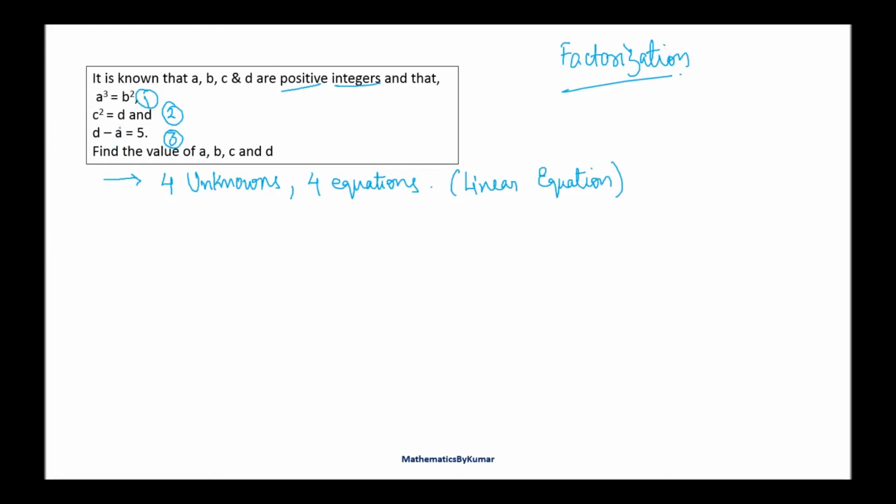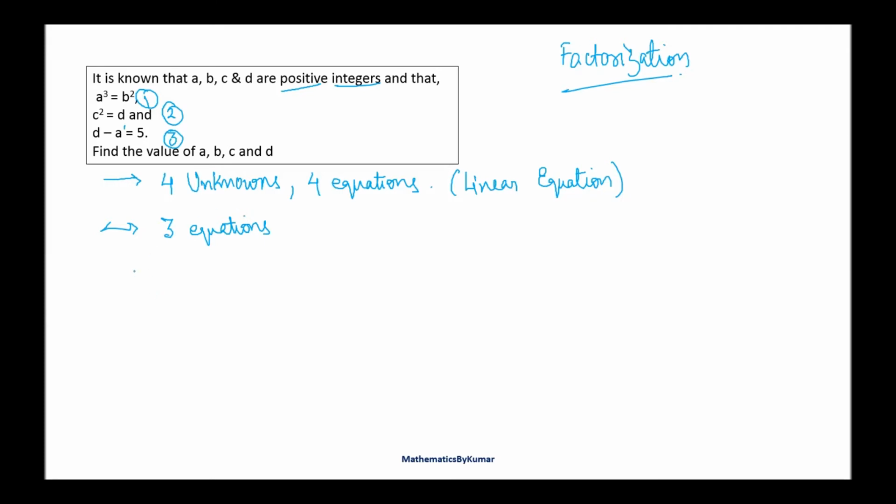Even if some variable has a degree of 2, we can solve it using the linear equation system, but it should always have the same degree everywhere, which is not the case here because A has a degree of 1 in one equation and a degree of 3 in another. Even then, there are only three equations. So something should tell you that this requires a little out-of-the-box thinking to find the values.